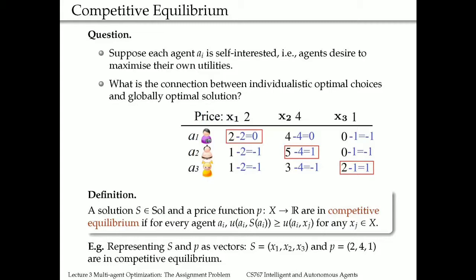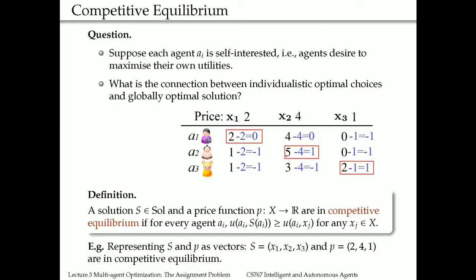Of course, x2 also gives the same utility for A1, but x3 gives a -1 utility. So A1 will be very happy to get either x1 or x2 because they give the same maximum utility. In this case, A1 gets x1.